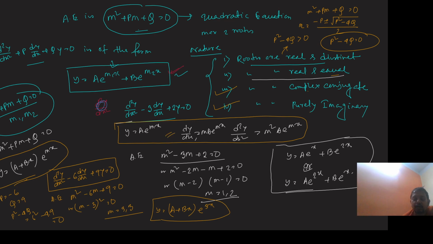And for the first one, p squared minus 4q is 9 minus 4 into 2, that is 1, greater than 0. So the roots will be real and distinct when p squared minus 4q is greater than 0, and the solution is of this form. And when real and equal, the solution is of this form, y is equal to (a plus bx) e to the power mx.